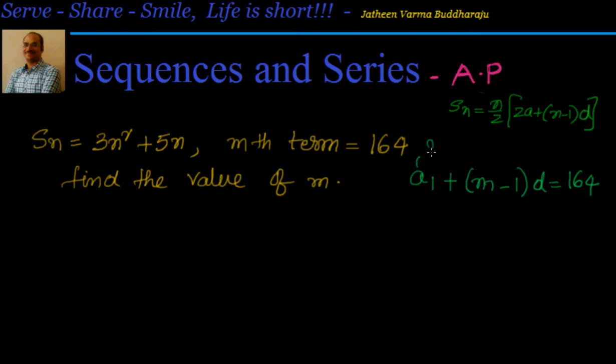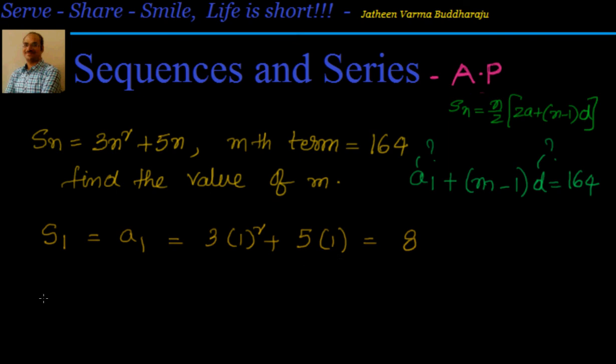But for that, I should know what is a1, what is d. To find a1 and d, I will use the formula Sn equal to 3n square plus 5n. First I will check what is S1, that is nothing but sum of 1 term, that is equal to a1, equal to 3 into 1 square plus 5 into 1, that's equal to 8.